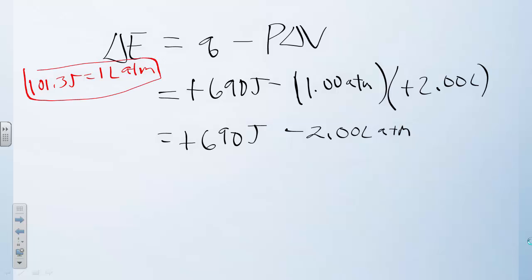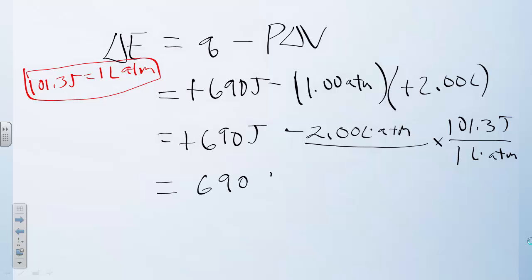So we'll use this conversion factor, with 1 liter atmosphere on the bottom and 101.3 joules on top. So we'll say here that we have 690 joules, positive of course, minus 203 joules once we account for sig figs here, and this is delta E. Alright.